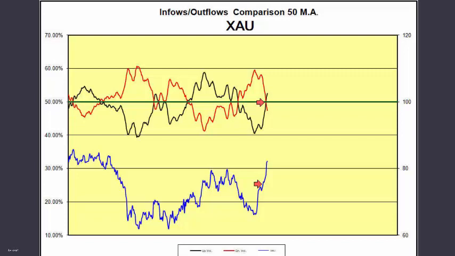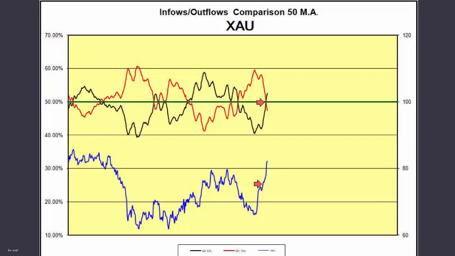Now, in this particular case, the two charts that we have discussed many times before are the 25 and the 50-day daily moving average of the cash inflows and outflows into the XAU stock components. We have shown the same indicator for the OEX, the S&P 500 and the Dow in the past.